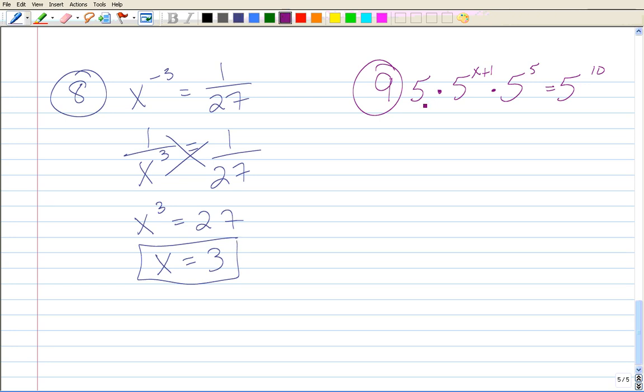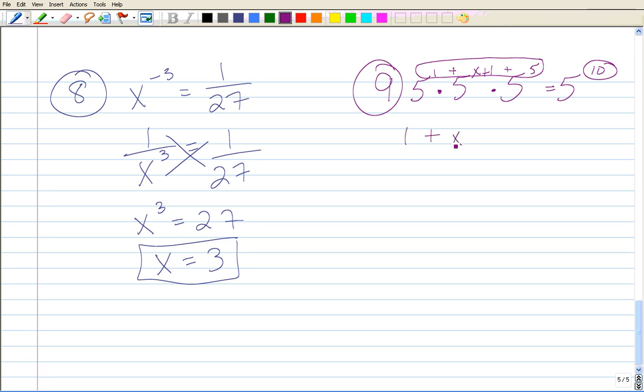Number 9, I have like bases here being multiplied, and when that happens, I add the exponents. And don't forget that this exponent is really 1. And this is equal to a like base of 5 to the 10th. So if I'm adding these exponents together, I get 5 to the 1 plus x plus 1 plus 5, and that's equal to 5 to the 10th, then the exponents must be equal.